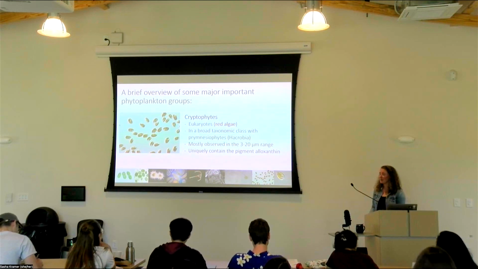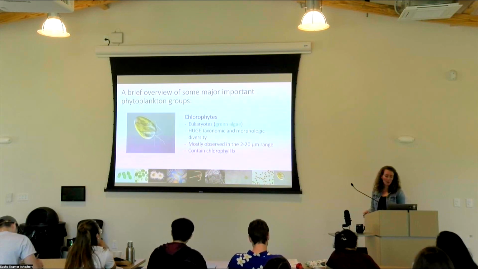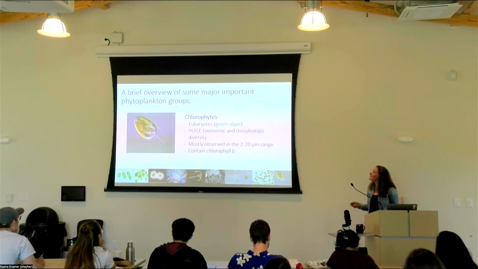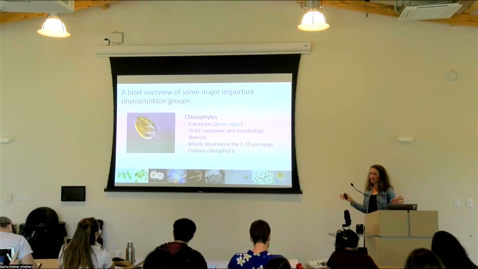All right, so you all have been thinking a lot about one member of the green algae, everything that you've done with Dunaliella the past few days. That is our token green algal group. The chlorophytes also contain crazy taxonomic and morphological diversity.